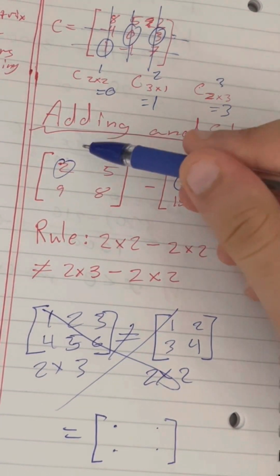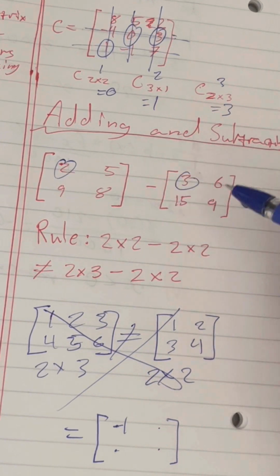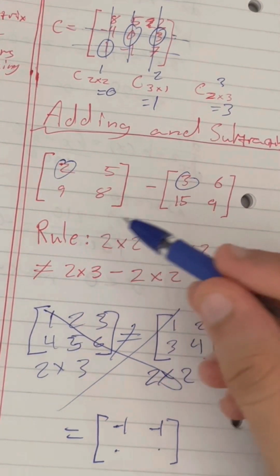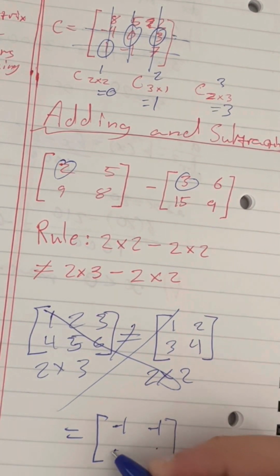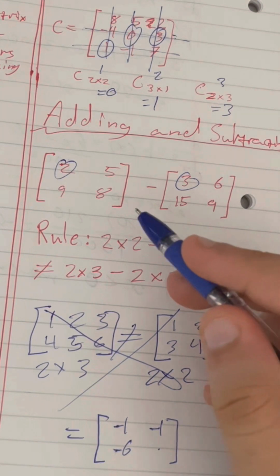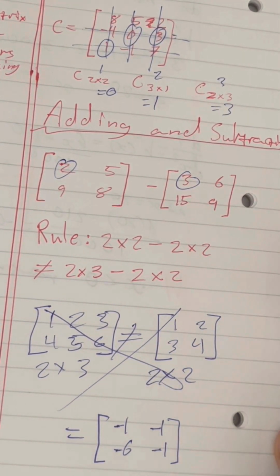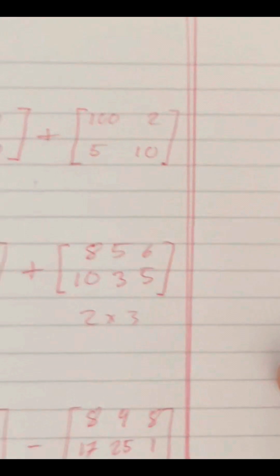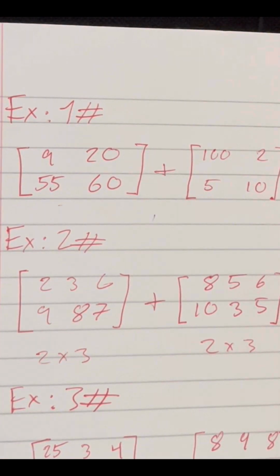So it's 2 minus 3, negative 1. 5 minus 6, negative 1. 9 minus 15, which is negative 6. 8 minus 9, negative 1. That's how you answer the question. I have more examples on the next page, so I want you to give this a try.